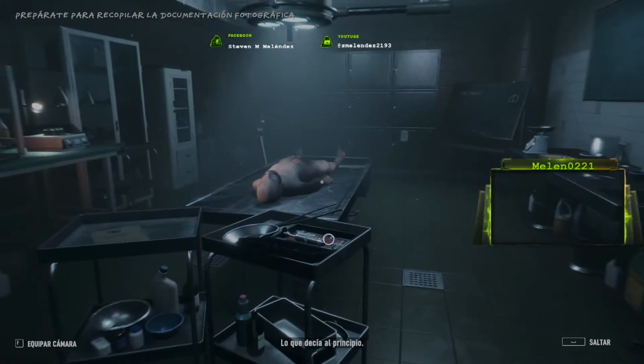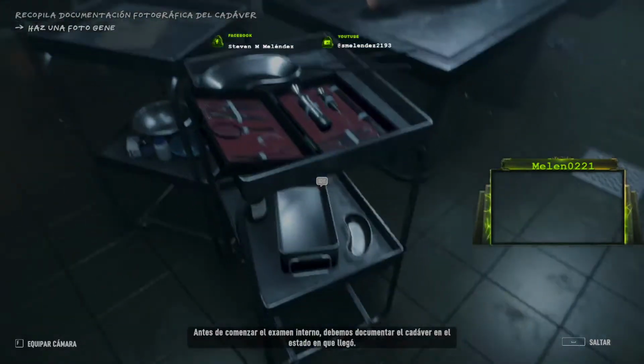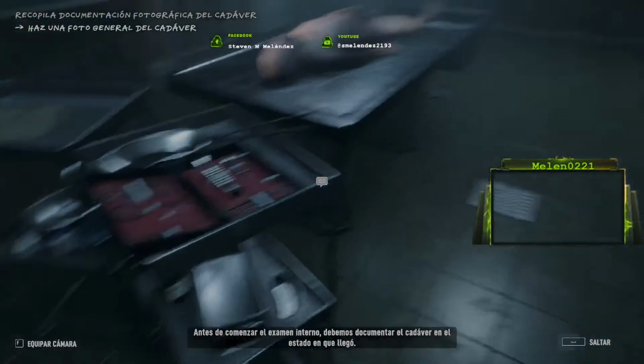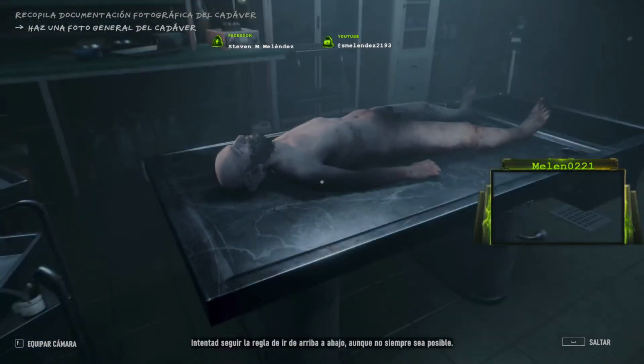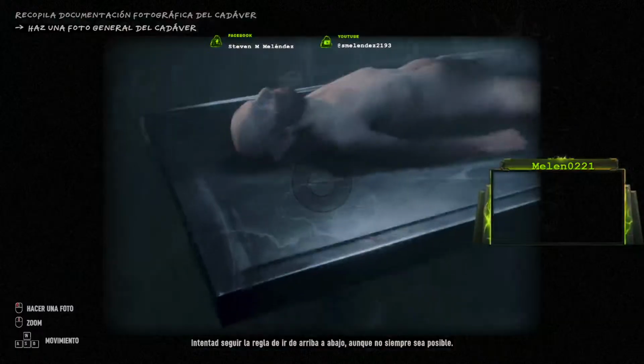As I mentioned at the beginning, before we begin the internal examination, we need to document the cadaver and the condition it arrived in. We begin with a full body photo. Try and stick to the top-down rule, but this is not always possible.